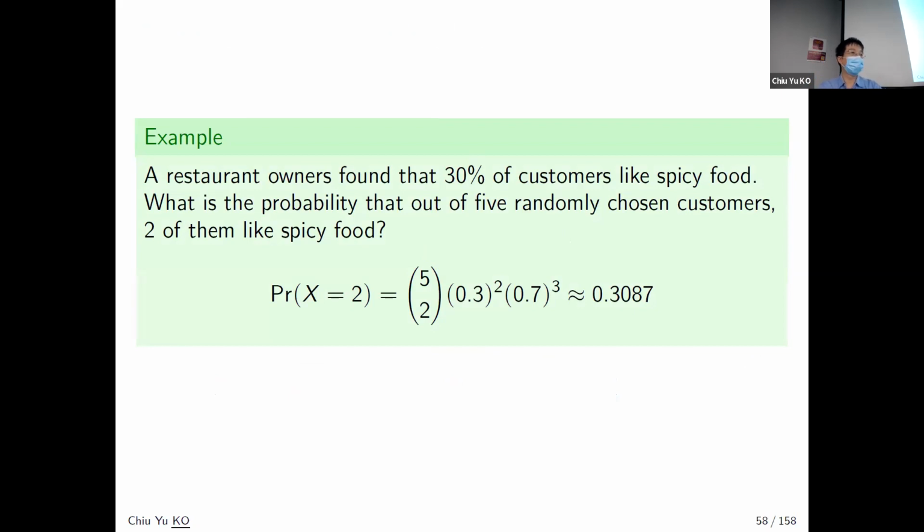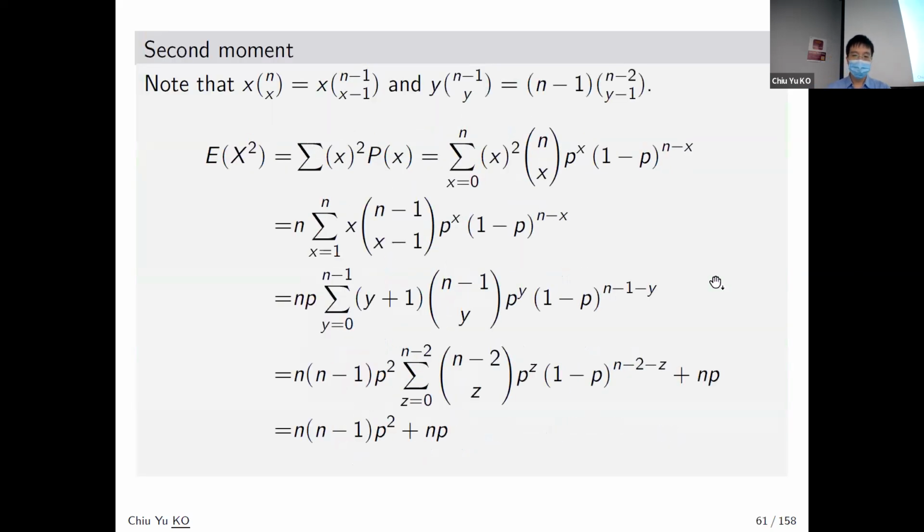If in an election poll you ask whether you support this or not, or if someone has a disease or not, or whether someone supports this policy or not, it's binomial. So that is very often.